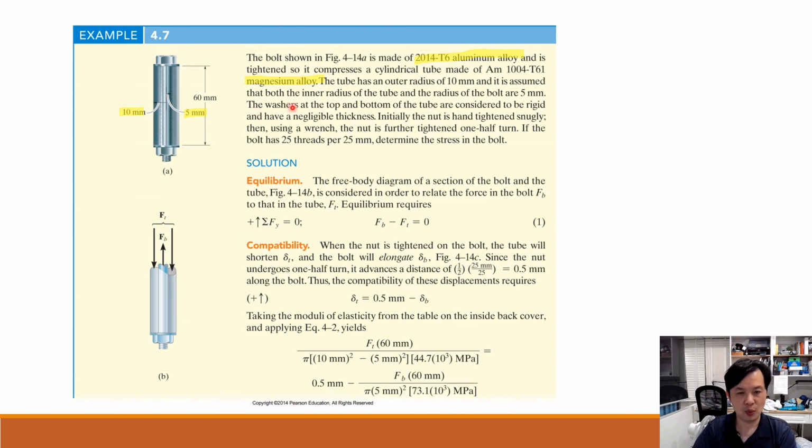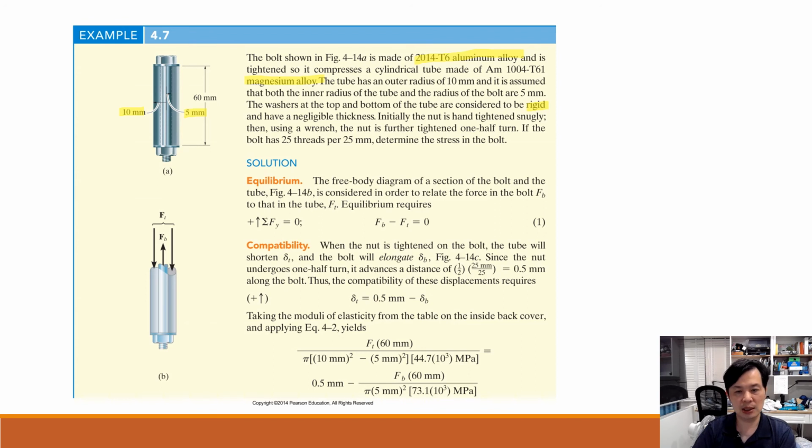Notice that the washers at top and bottom are assumed to be rigid, so you don't need to worry about deformation coming from these two parts, and negligible thickness, so you don't need to worry about the contribution from the thickness as well.